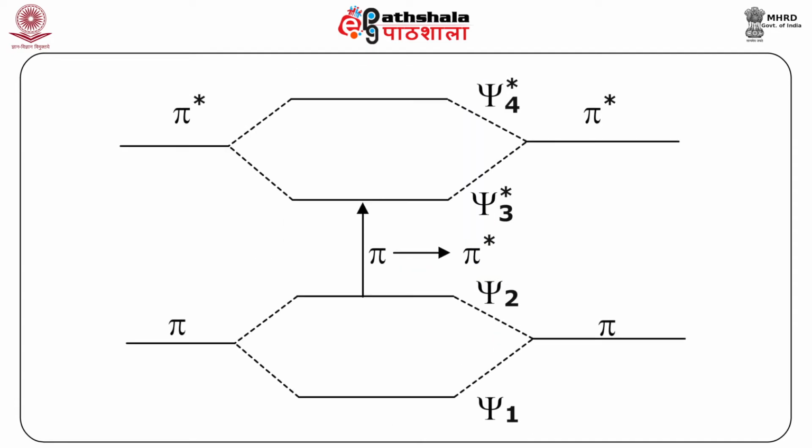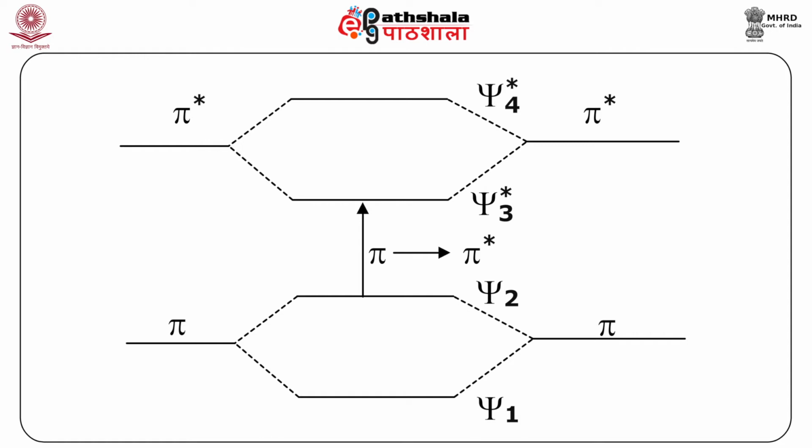Now, considering the case of simple alkene, that is ethylene, we have only two molecular orbitals. One is the ground state pi bonding orbital and the other is the excited state pi star anti-bonding orbital.